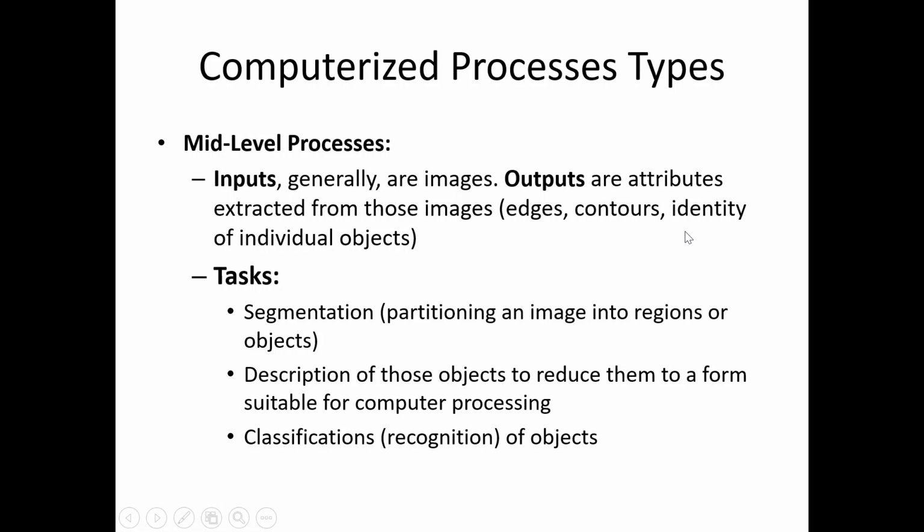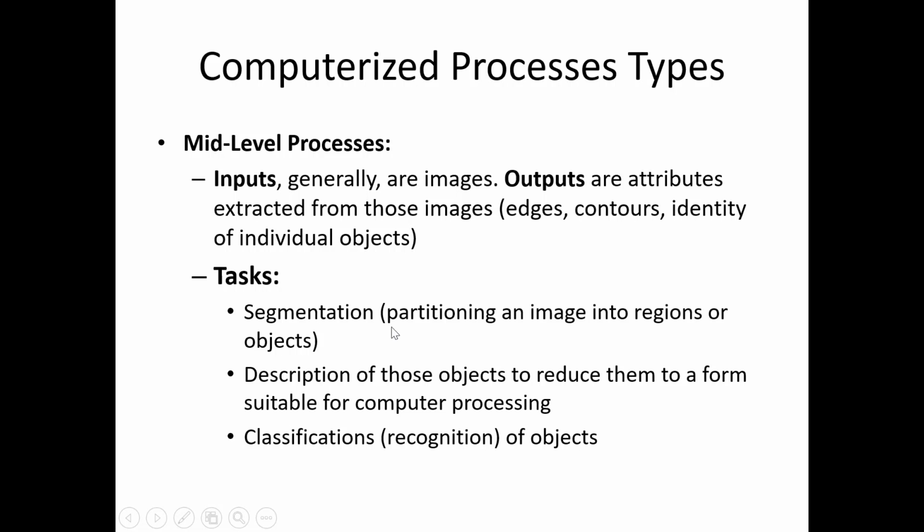Such information can be obtained through mid-level processing. In detail we are going to discuss this in future lectures. To obtain this information, we have a number of operations, and segmentation is one of the major tasks.